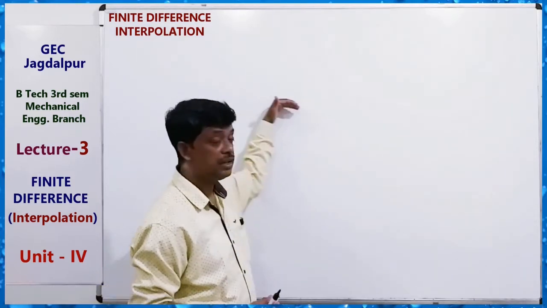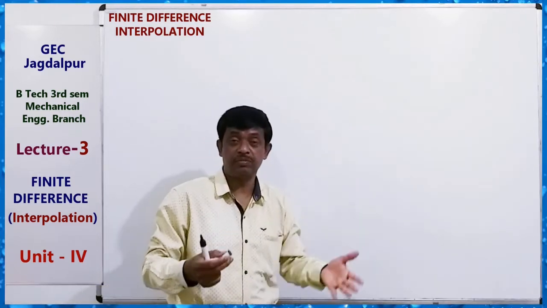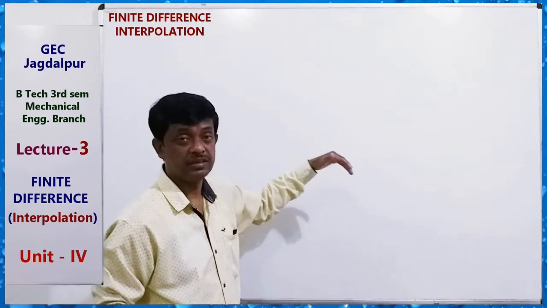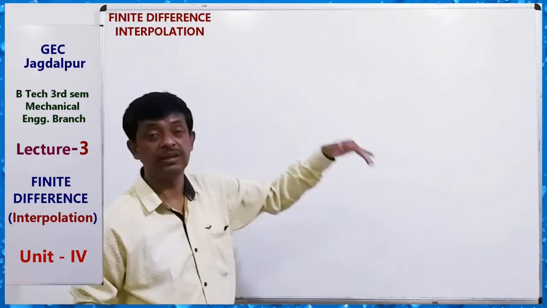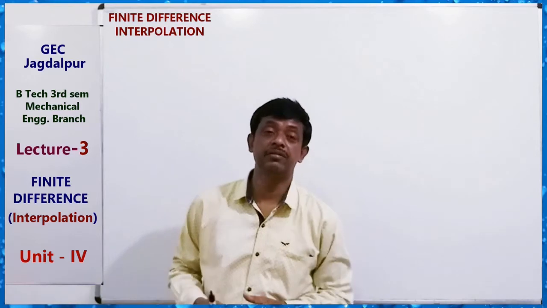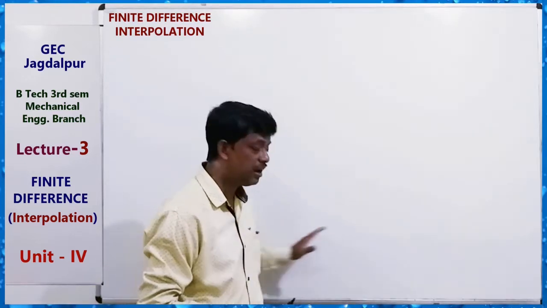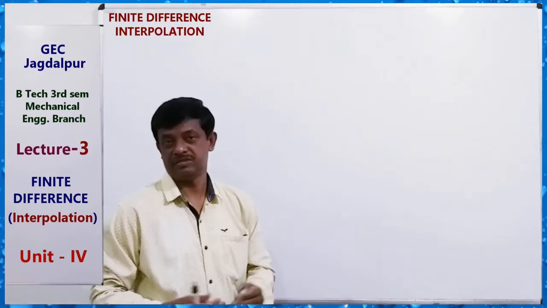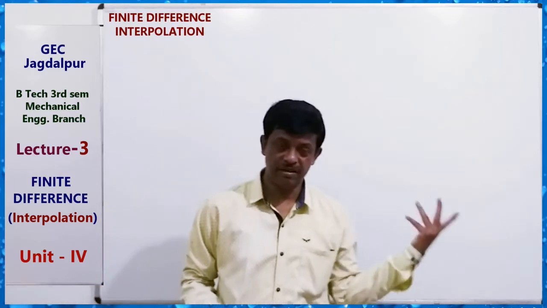Whenever we prepare a table of differences, forward differences are at the beginning of the table and backward differences are from the end side of the table. We have already seen this in the previous class.